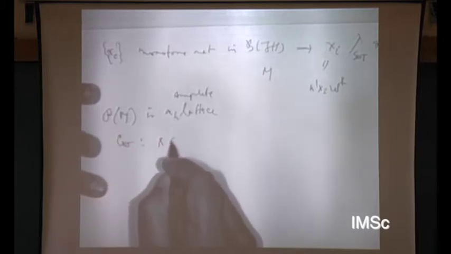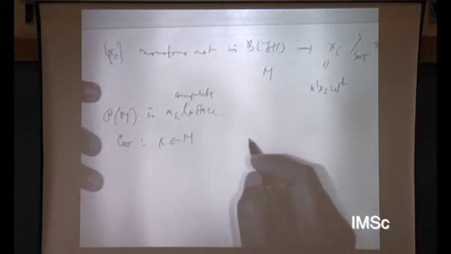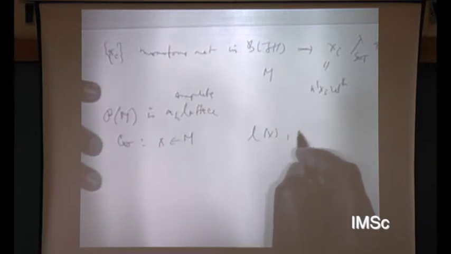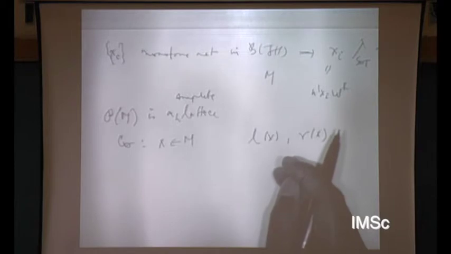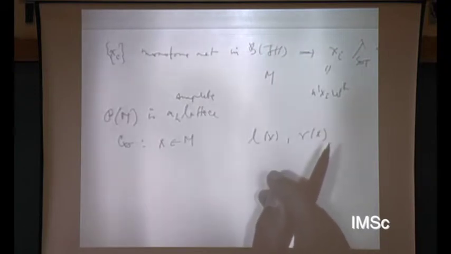Consequence: if X is in M, then we talked of things called the left support of X and the right support of X. Those were by definition the inf of appropriate collections of projections.